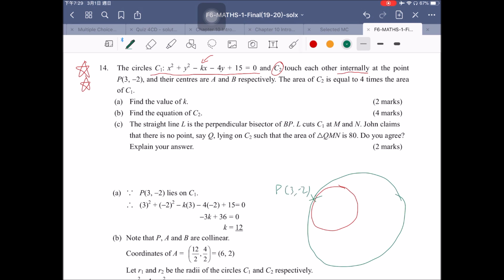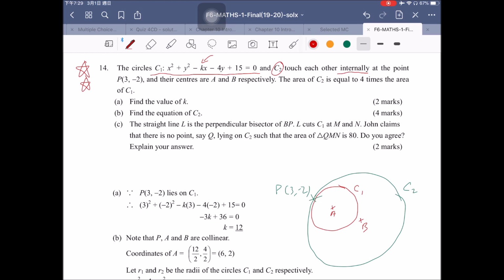Okay, the area of C2 is equal to 4 times the area of C1. This one is C2 and this one is C1. And the radius is A. The center is B, okay? Find the value of K.